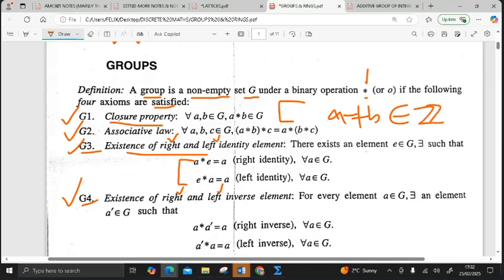Just to give you an idea, the closure property satisfied with respect to the set of integers under addition is that whenever you have A plus B, this one is always an integer for every 2 integers. And I think you know that whenever you pick any 2 integers and you add them, the answer is always another integer.